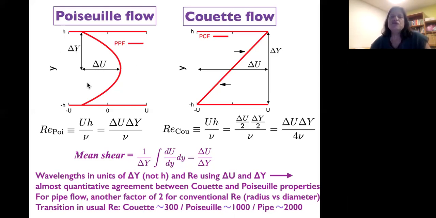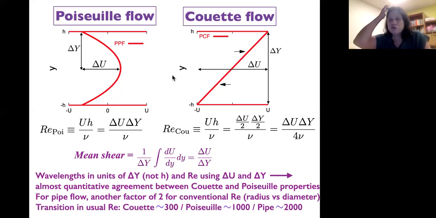And you take the maximum velocity to be the velocity scale, whereas in plane Couette flow, you take half the velocity difference between this and this to be the velocity scale. So you automatically have a factor of 4 between the two definitions of the Reynolds number. And the right way to think of plane Poiseuille flow is as 2 shear layers of opposite signs, this way, the 2 Couette flows.